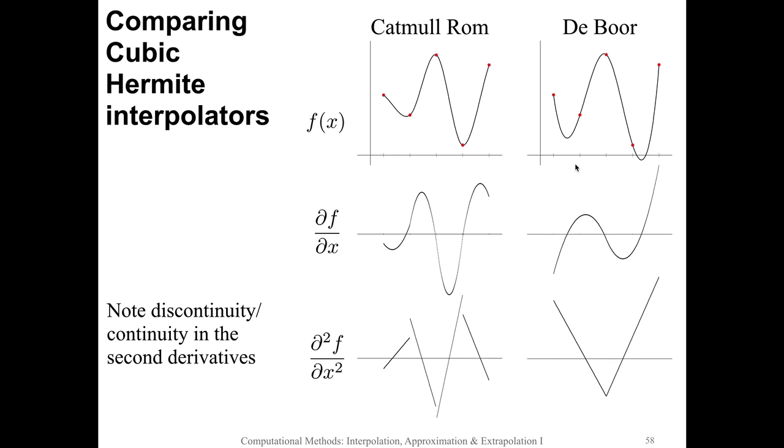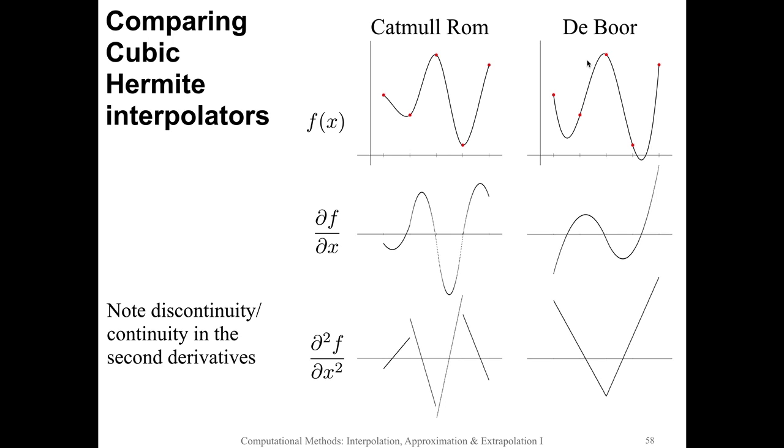So the main thing to notice here is that the second derivative function for the Catmull-Rom interpolator has some discontinuities in it. It breaks up, whereas the De-Boor interpolator is continuous in its second derivative. There's no breaks in its second derivative, and that is by definition of the De-Boor interpolator. That's one of the constraints that it has.